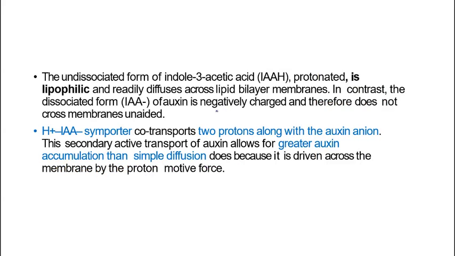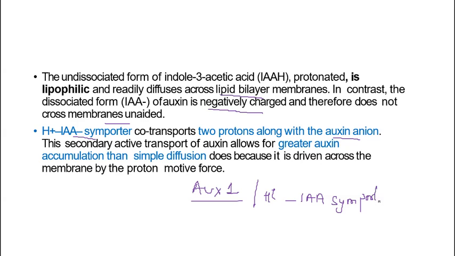I discussed that negatively charged molecules cannot pass through the membrane, so they need the transporter. But the lipophilic molecule, which is a neutral molecule, can cross the bilayer. As already discussed, the H plus IAA symporter co-transports 2 protons along with one auxin molecule. So AUX1 is a kind of H plus IAA symporter.